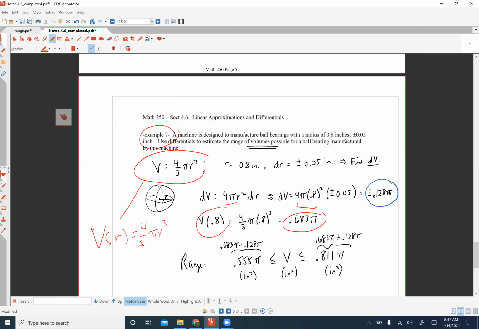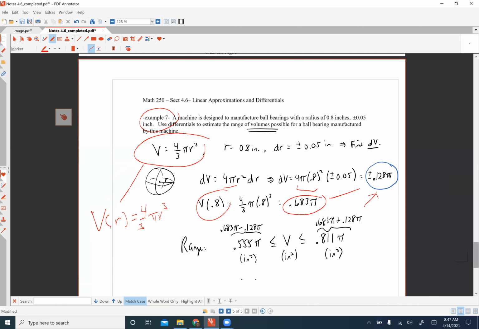Now let's say you increase or decrease the radius by 0.05 inches. Here's the difference: you add or subtract that 0.128 pi to the 0.683 pi inches cubed.